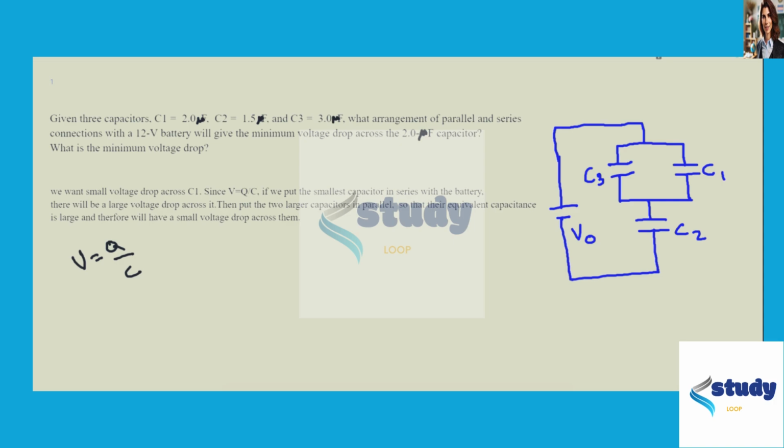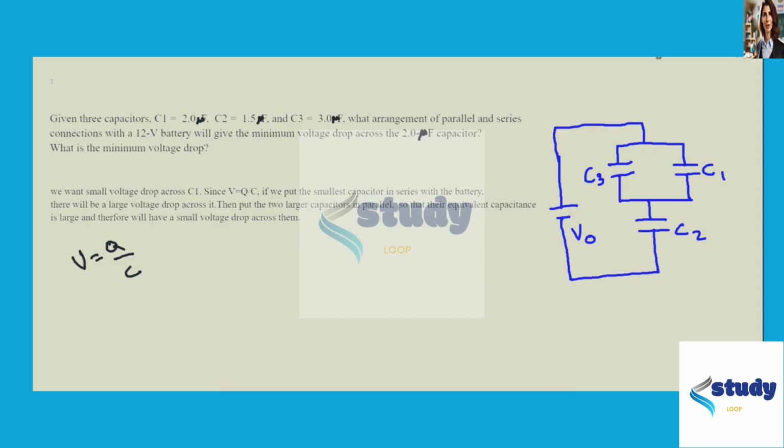If we look at the diagram, we took the smallest capacitor and connected it in series with the battery, and that creates a huge voltage drop across C2.